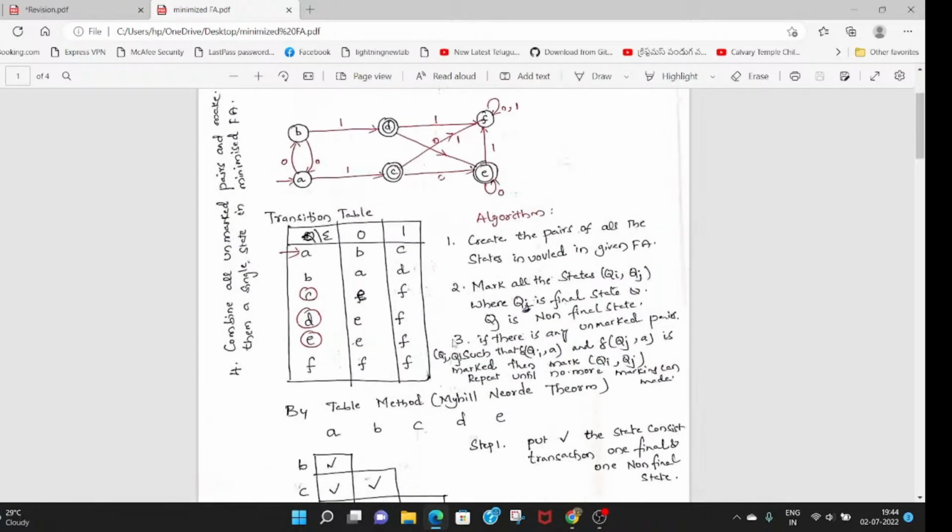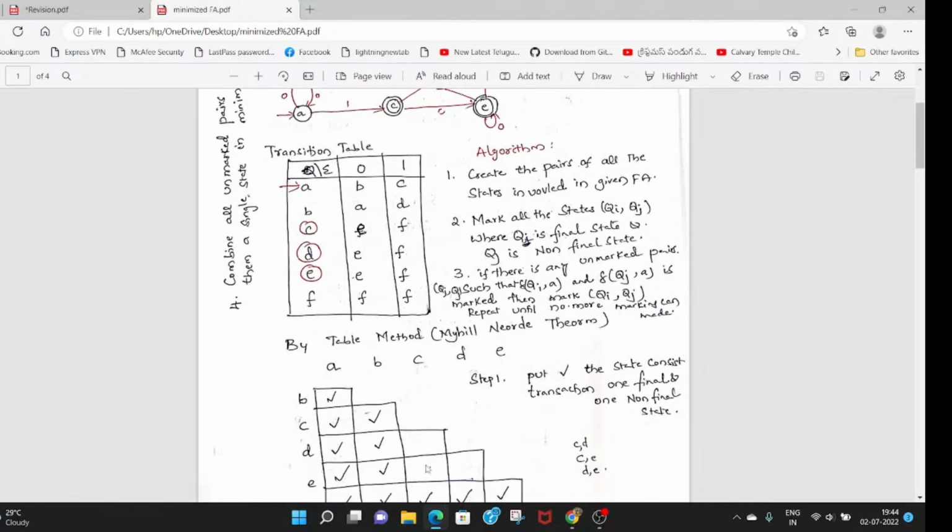For constructing the table, you have to remember that in the rows representation we don't take the first state, which is the initial state. Obviously, for every state machine the first state is the initial state.